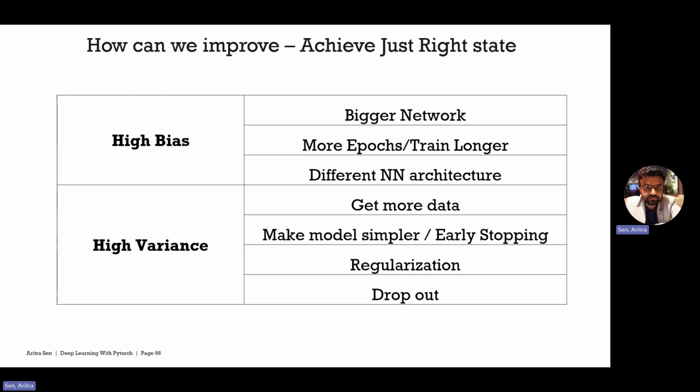With that, you will make your model much simpler. And you can also use the concept of early stopping, or certain regularization techniques like L2 regularization or dropout, which we will discuss in detail in the next few slides. So these are the techniques to tackle your high variance problem.